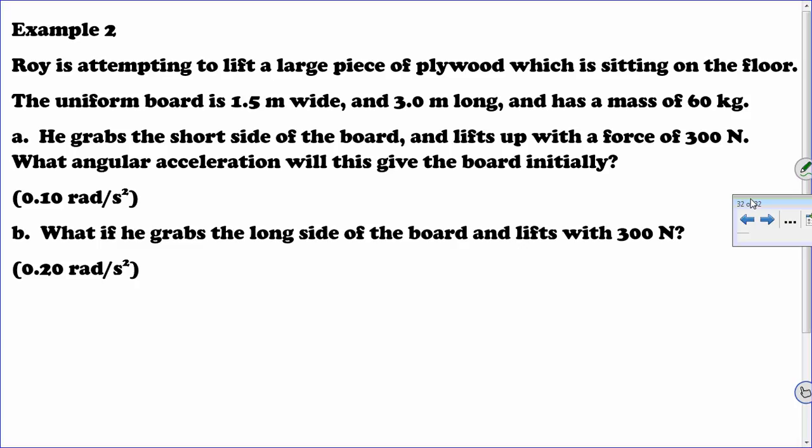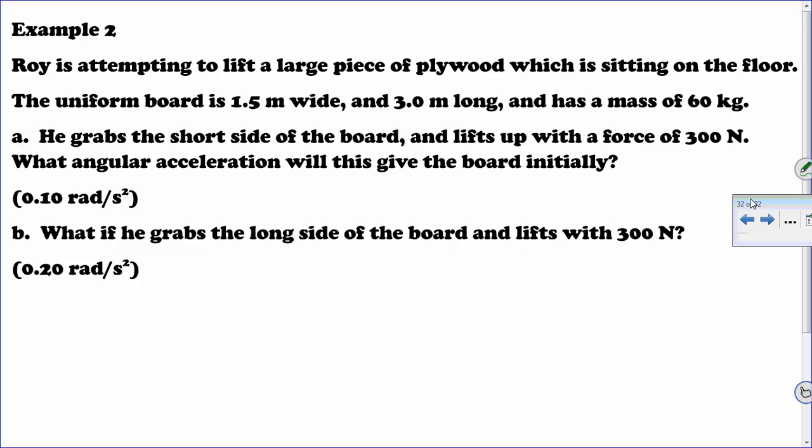Which way is there more rotational inertia, when the mass is farther away from the pivot point or closer to it? Farther away would be more rotational inertia. So my guess is that this way will give us less acceleration, and this way will give us more acceleration. But let's try it and see if I'm right.